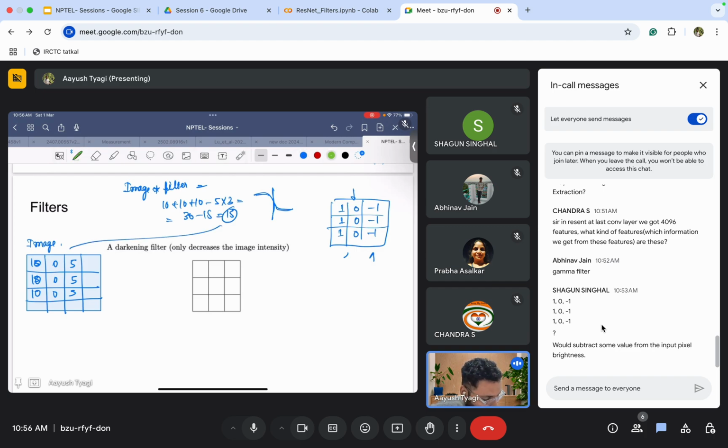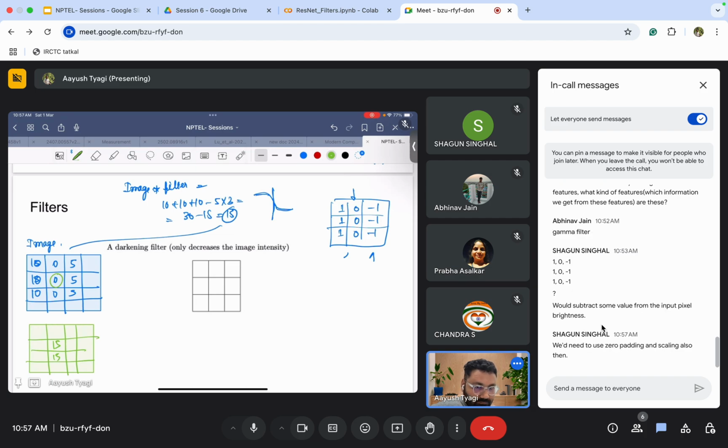So in your updated image, this region becomes 15, right? So this doesn't solve our purpose, right? This also will become 15. Even if we need to do zero padding, let us say at this point we are computing.